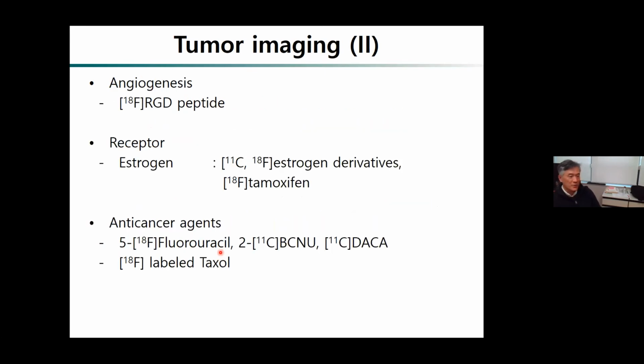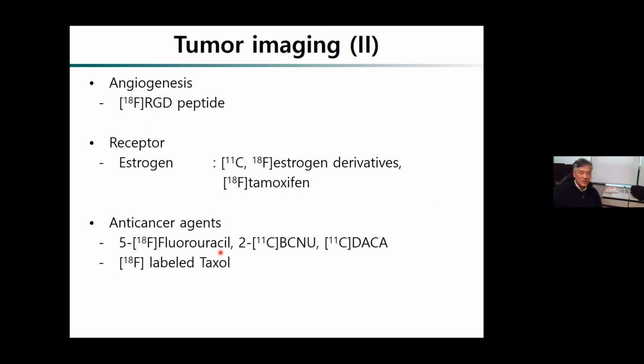And another approach is angiogenesis imaging with the RGD peptide that is labeled with F18 or gallium-68, and also especially for tumor-specific receptors such as the estrogen receptor that can be visualized with estrogen derivatives or tamoxifen.